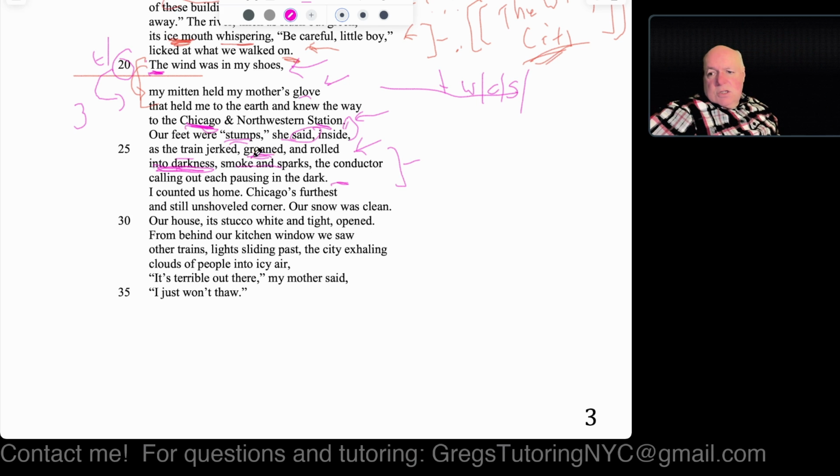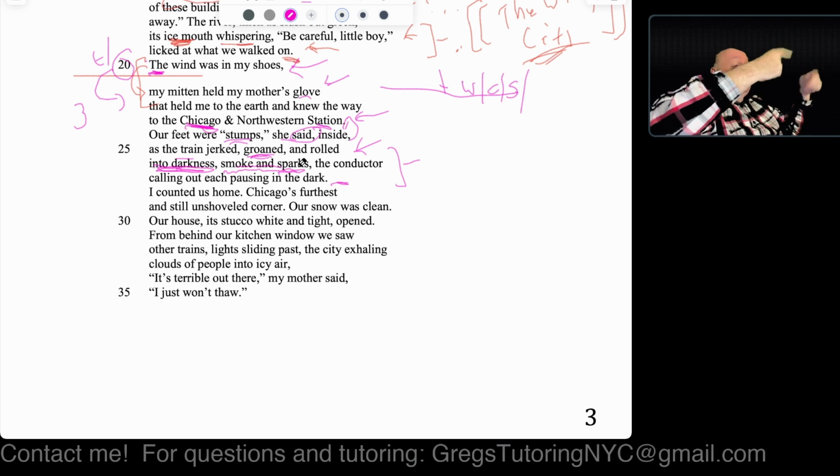That could flow. Smoke and sparks. That sounds a little spooky and scary and weirdish, but this is what trains do anyway, especially if it's a diesel engine. That might be what they're talking about. And who doesn't see the sparks as the wheels run along the track and the electricity part and all that stuff.